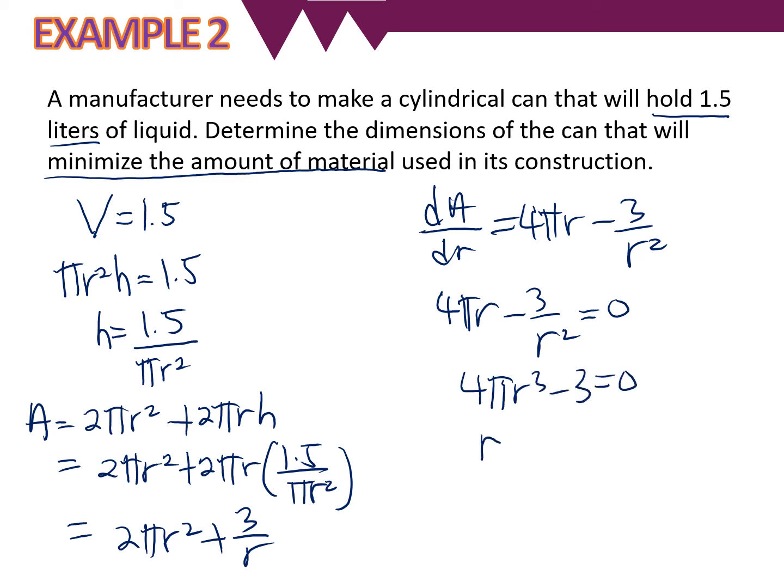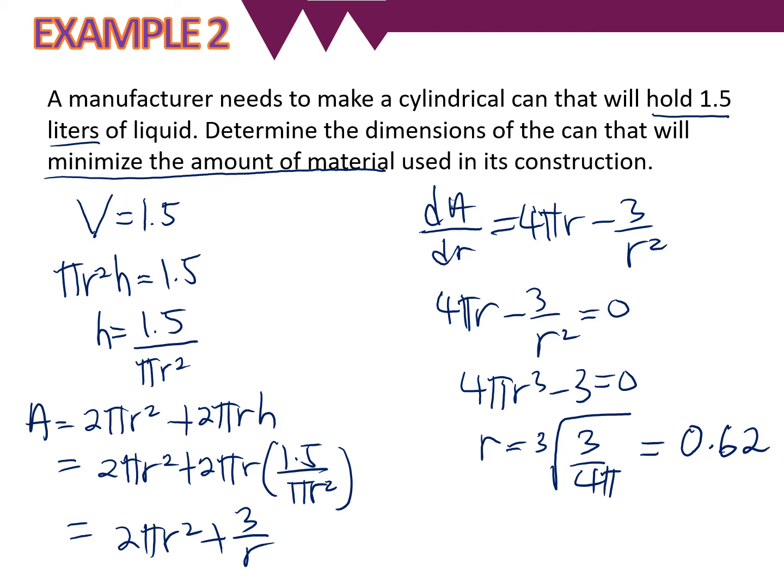Then we will have r equals cube root of 3 over 4 pi, which the value is 0.62. So now we want to test whether r really minimizes the amount of material, which now is area.